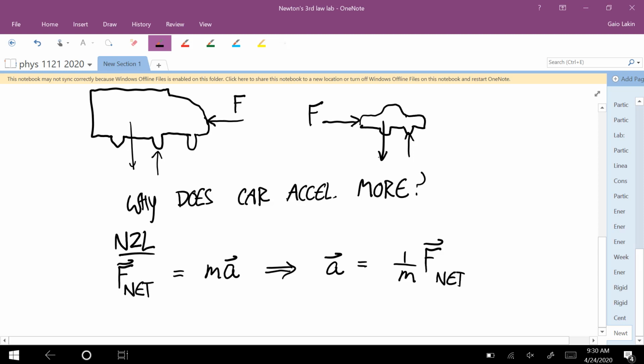The m is very big for the truck, and so you're dividing this force by a very big number, and so you get a really small acceleration. Okay, for the car, that mass is a lot smaller. You're dividing by a smaller number, and that means the acceleration is a lot bigger. So it's not that the forces are different, it's that those forces, which have the same magnitude, affect those two bodies very differently because of their mass.